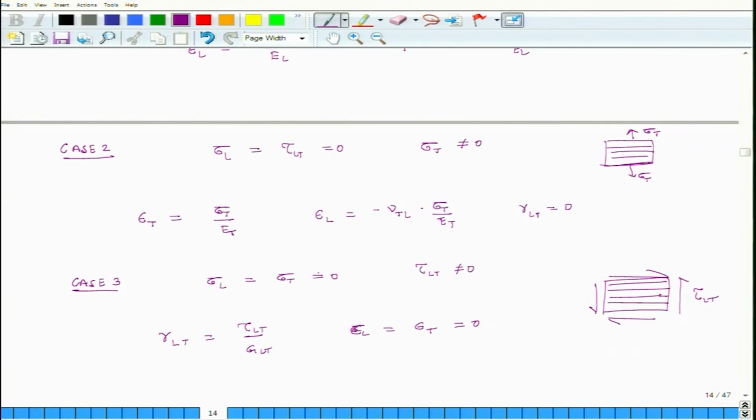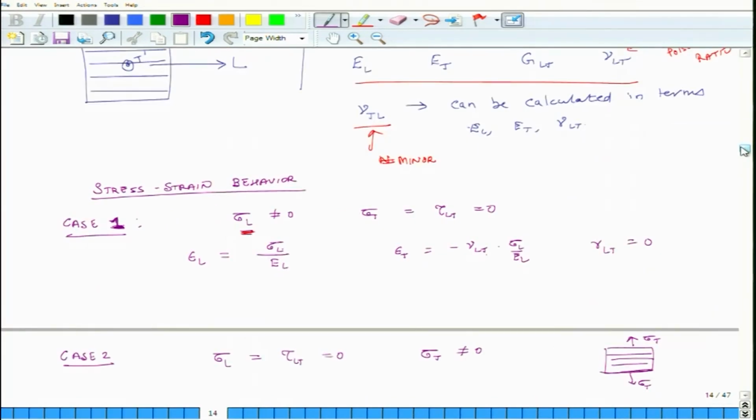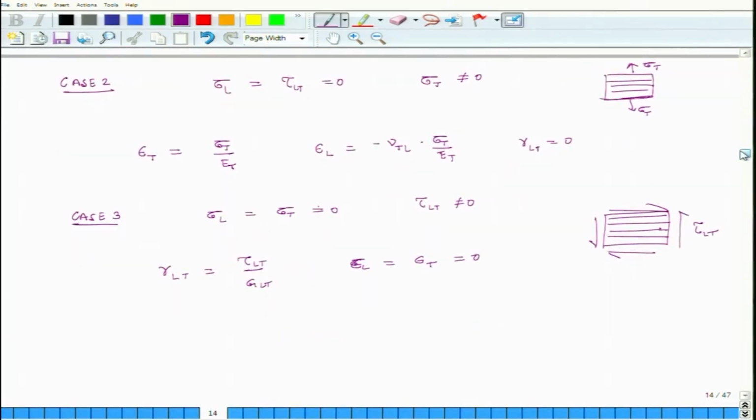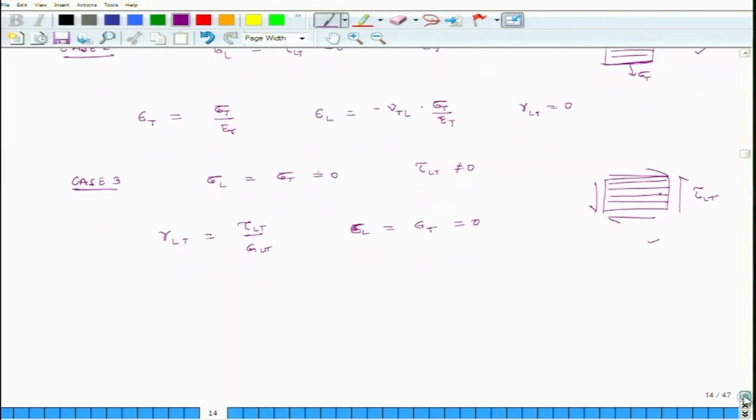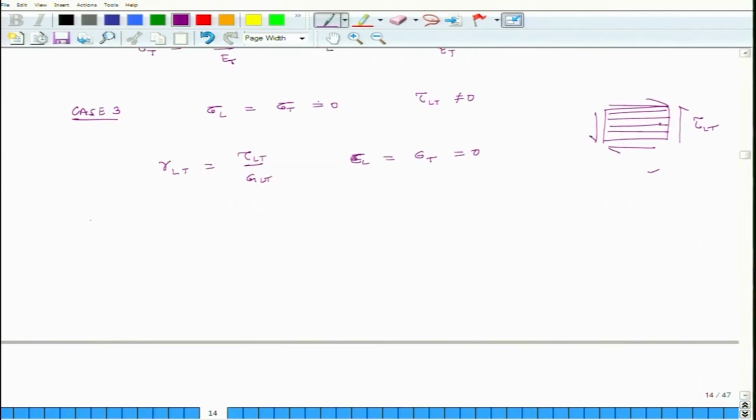So, in the first case I applied only an extensional stress in the longitudinal direction, here pure extensional stress in the transverse direction, and here pure shear stress. And now we will discuss a fourth case, case 4.